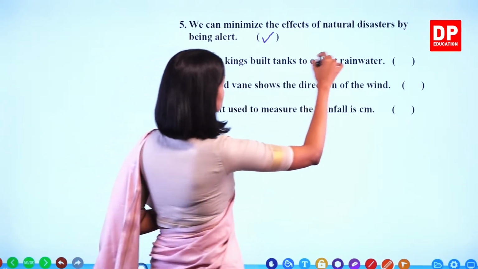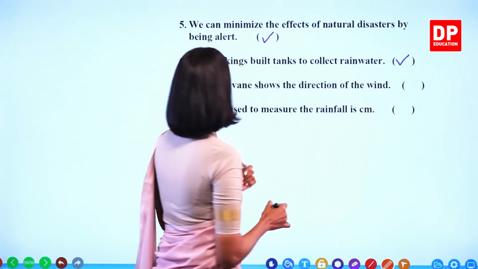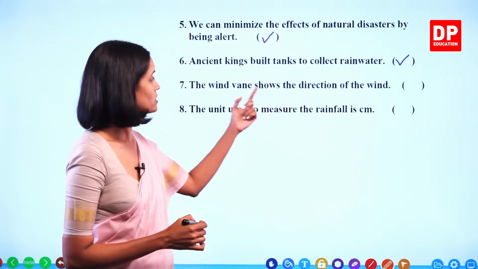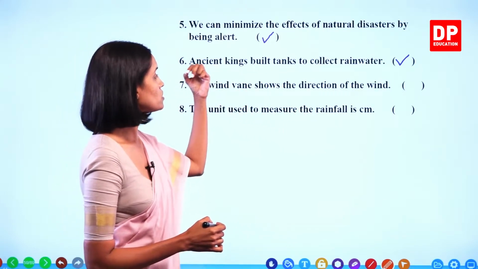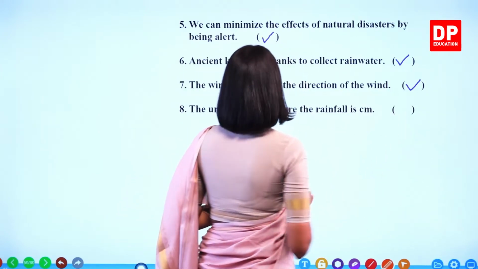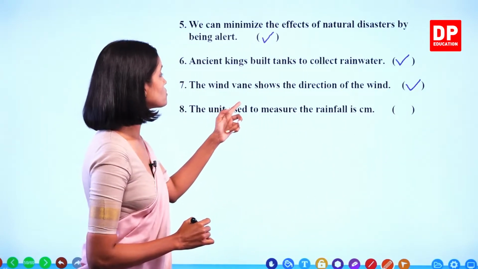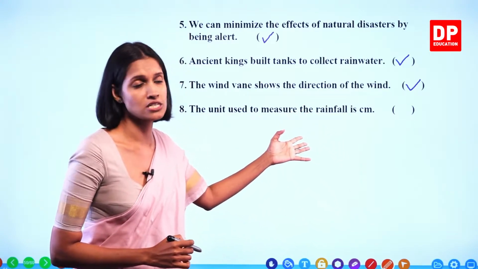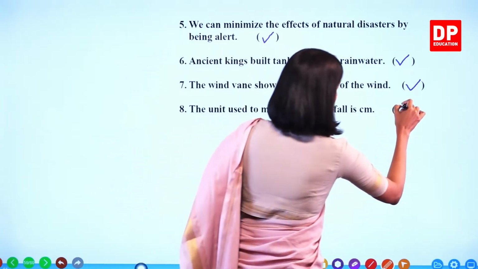Okay, that's correct. The wind vane shows the direction of the wind. That's also correct. And finally, the unit used to measure the rainfall is centimeter. No, it should be millimeters. Therefore, this is not correct.